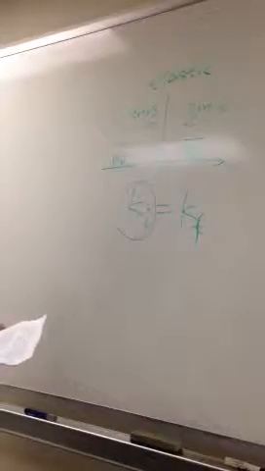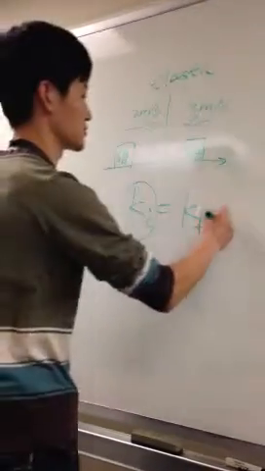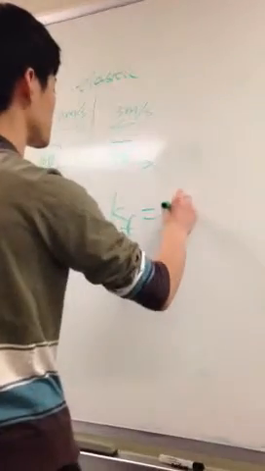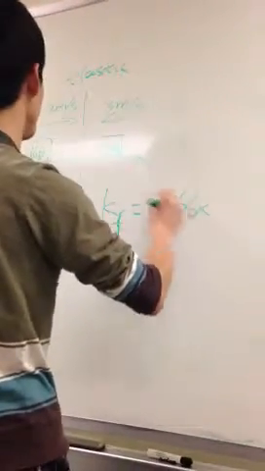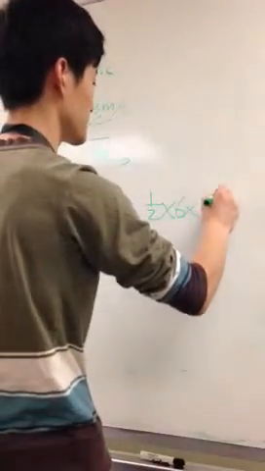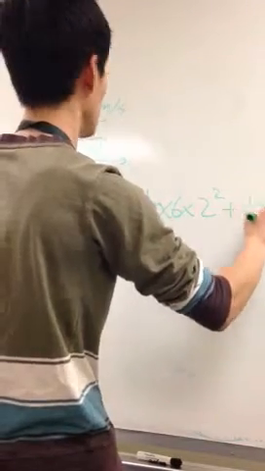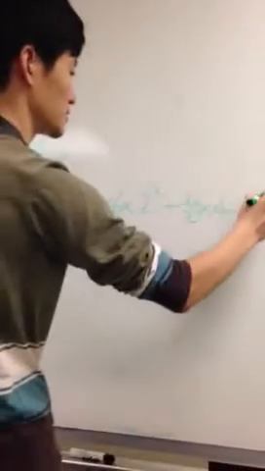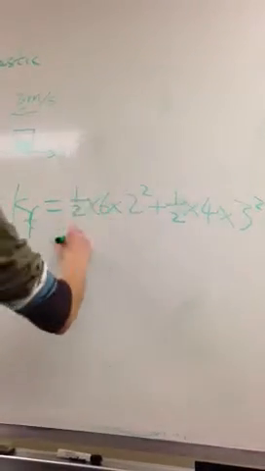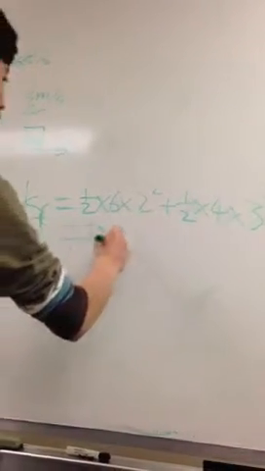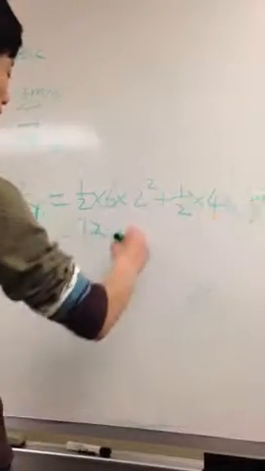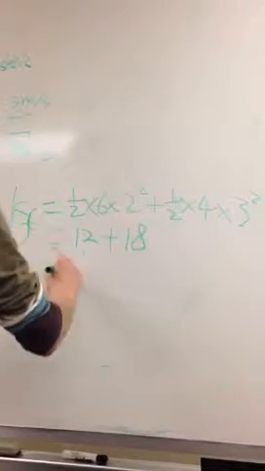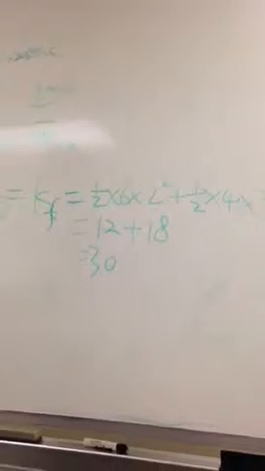It will be the same, right? So it's equal to 1/2 times 6 times 2 squared plus 1/2 times 4 times 3 squared, and that will be 3 times 4, 12, plus 2 times 9, 18, and it will be 30.